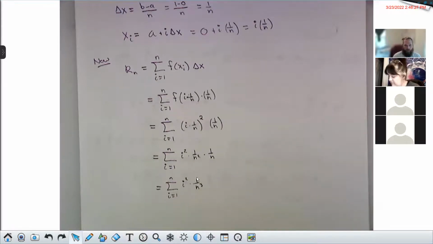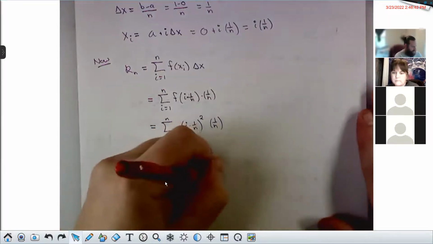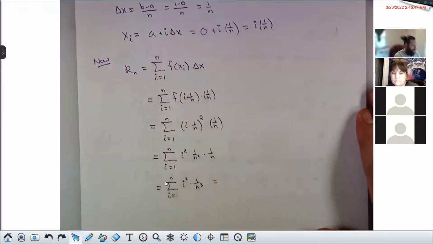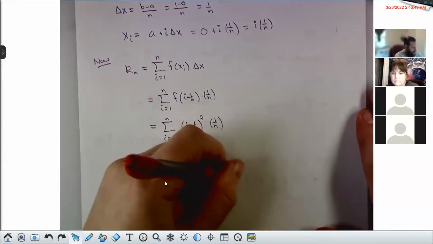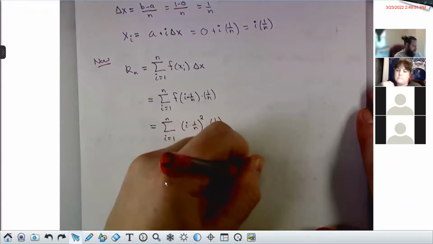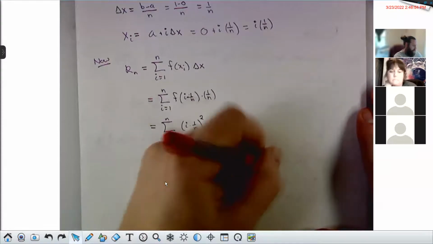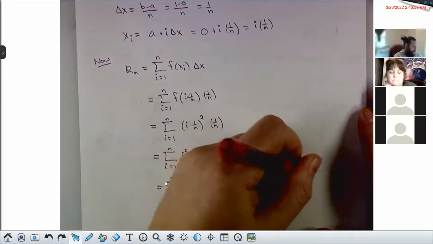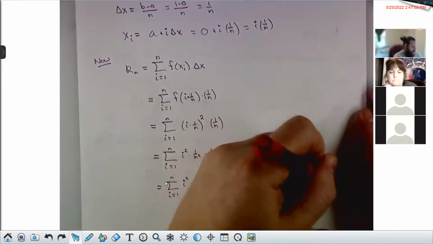And I claim that this 1 over n cubed can come out of the sum. To see why, the following is optional. You don't need to write it, and it would not be a necessary part of this. But let me just write out what this sum is to justify the next step for those who are curious. This would be 1 squared times 1 over n cubed plus 2 squared times 1 over n cubed plus 3 squared times 1 over n cubed plus all the way out to n squared times 1 over n cubed.